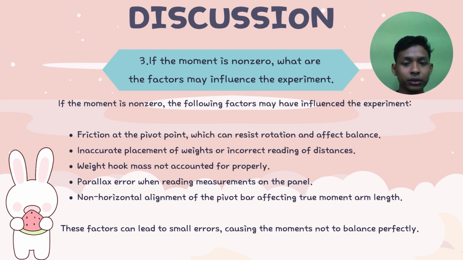The third is weight hook mass not accounted for properly. The fourth is parallax error when reading measurements on the panel. The fifth is non-horizontal alignment of the pivot bar, affecting the moment arm length. All these factors can lead to small errors, causing the moment not to balance perfectly.